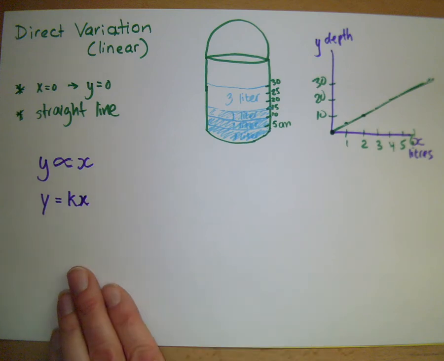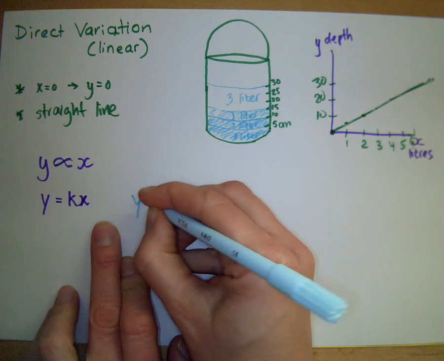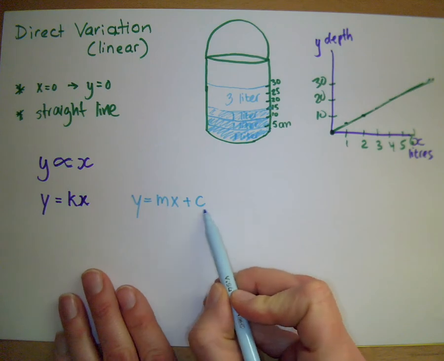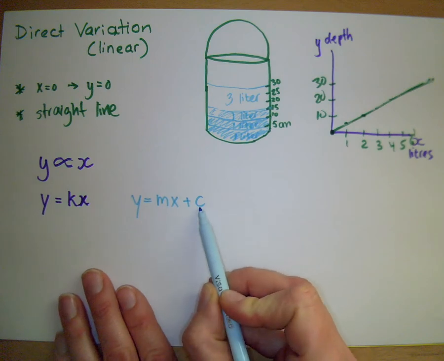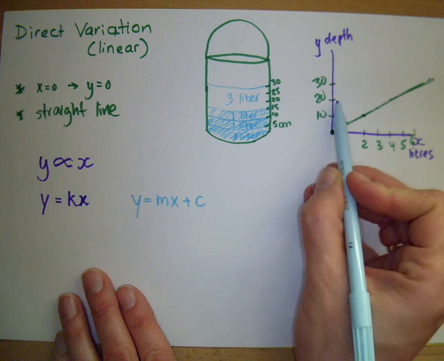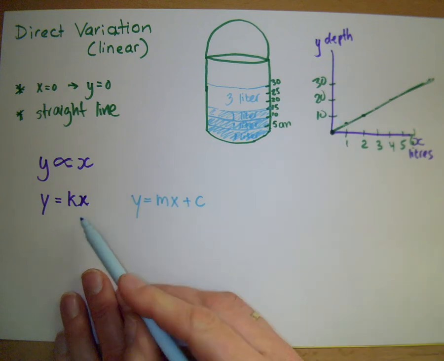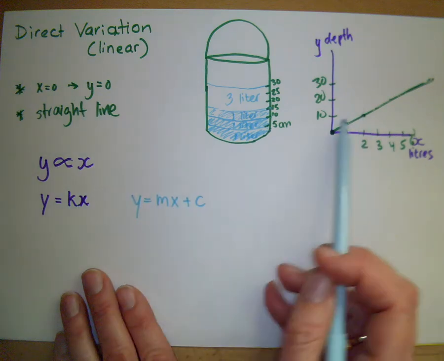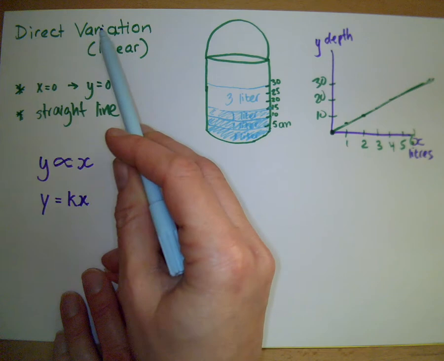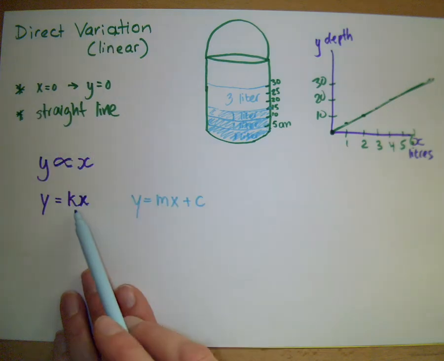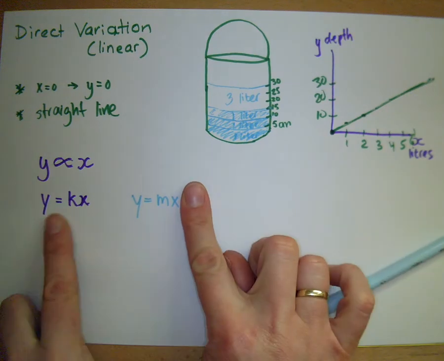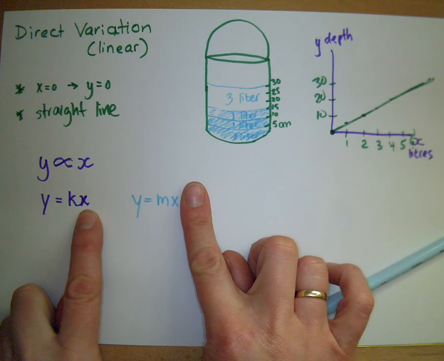It reminds us a lot of y equals mx plus c, where c, the y-intercept, is 0. See, the y-intercept is always 0. So the equation of two variables that are directly proportional, c is always 0, so we can leave this out, and it's just in this shape. Y equals the slope times x, right?